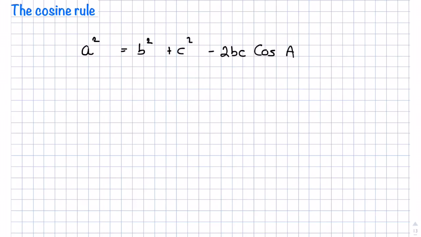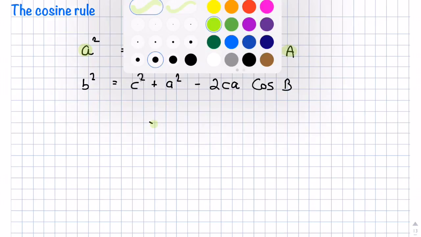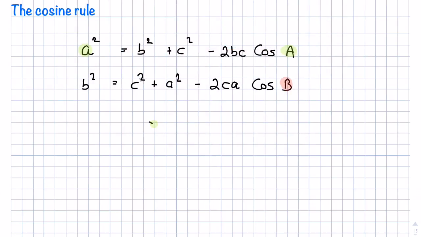The important thing is that this angle and this side are opposite each other. So the cosine rule could also be written as b squared is equal to c squared plus a squared minus 2ca cos B. Again, they are opposite each other.